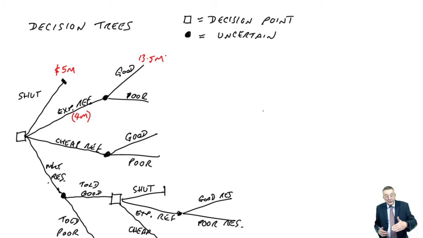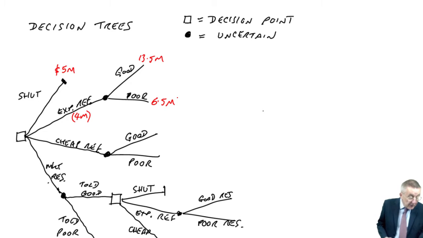So we'd have been paying out 4, then we'll get back 13.5, a net 9.5 million. Or, if it's poor, we'll still have paid out 4 million and we'll get back 6.5 million. So if you prefer, a net 2.5 million.